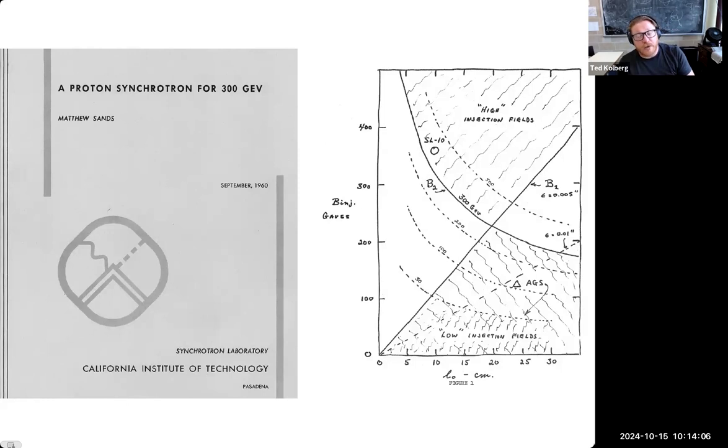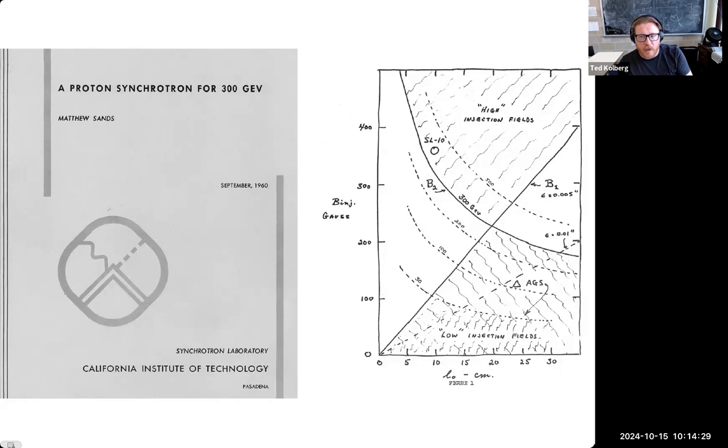But in order to get to high energy, you also need a very high field. Once you accelerate up to high energy, you need a high field for steering. And this combination of large aperture and high field is pushing accelerators to be more and more expensive. And that's the reason that they get stuck at this 30 GeV limit for a while.